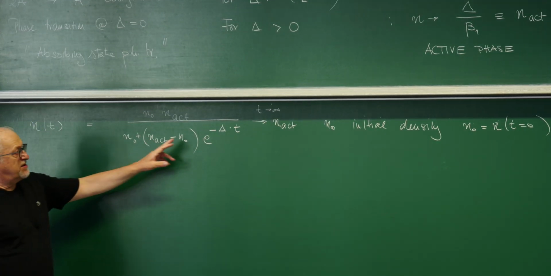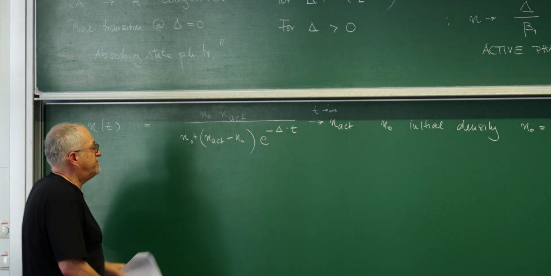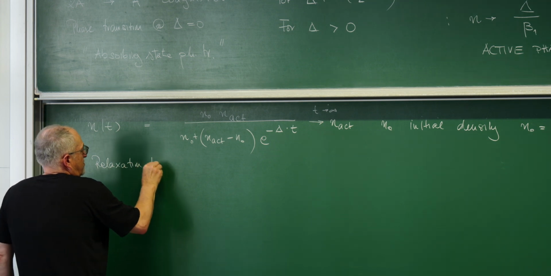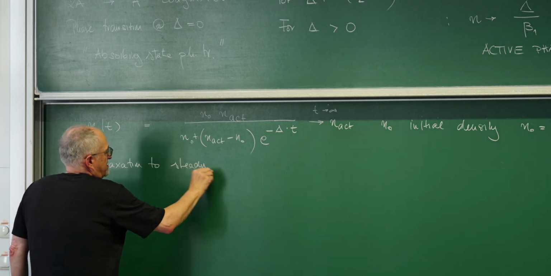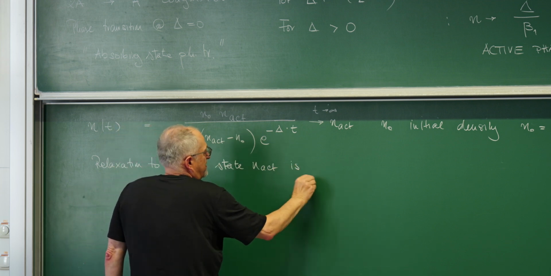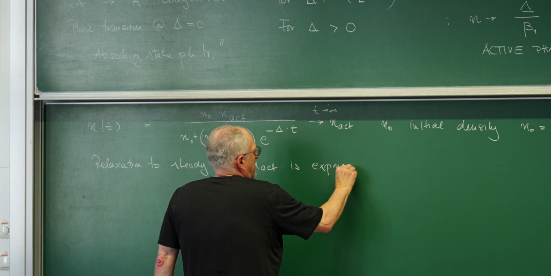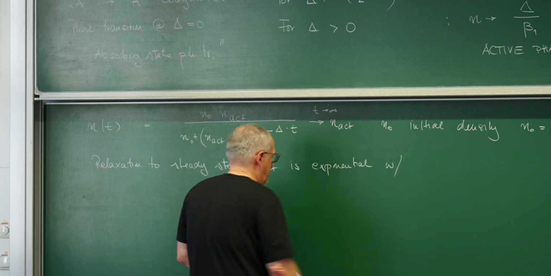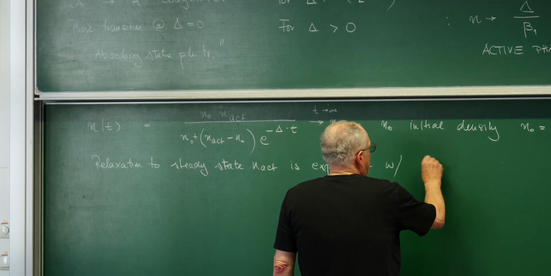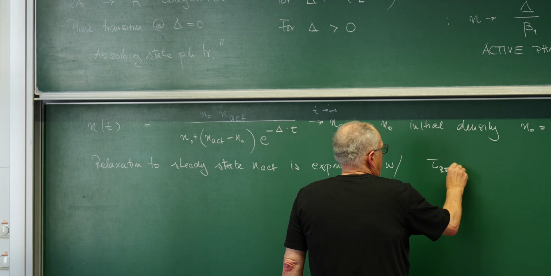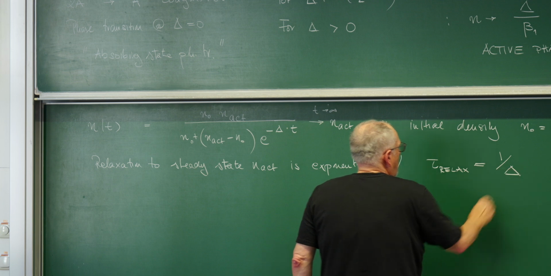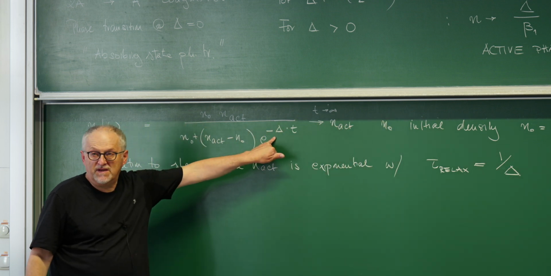You also note that the relaxation to that steady state, n active, is exponential, and it has a time scale, which I call T relaxation, that is equal to 1 over delta, as you can read off here, right?